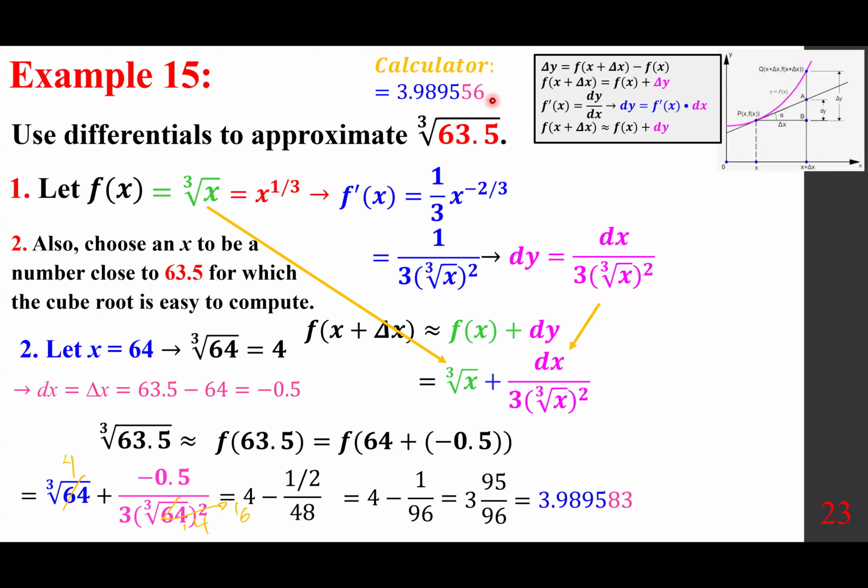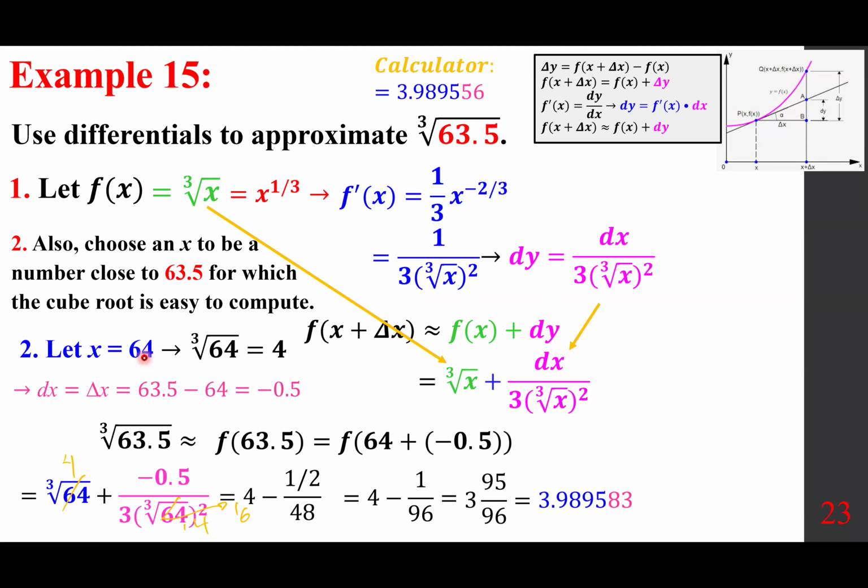This is from the calculator. This is from our work. If you change, of course, you have to put this also into a calculator. And you're done. But I hope you recognize the reason the two numbers are extremely close, because delta x or dx is extremely small compared to the choice of x.